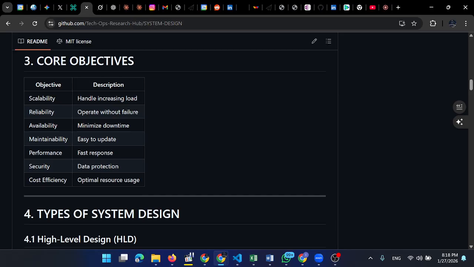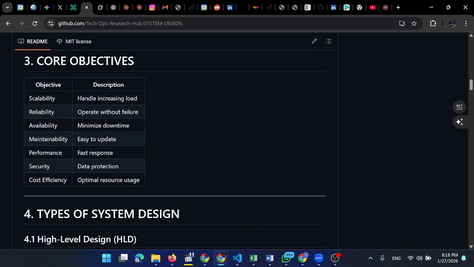Then we have what we call reliability. So this one means operate without failure. So anytime there are some issues with your software, maybe downtimes, for example, how can you ensure that even if there is downtime, the software will still operate without a lot of pressure? That aspect of reliability is what we're trying to picture out here, and it's very, very important.